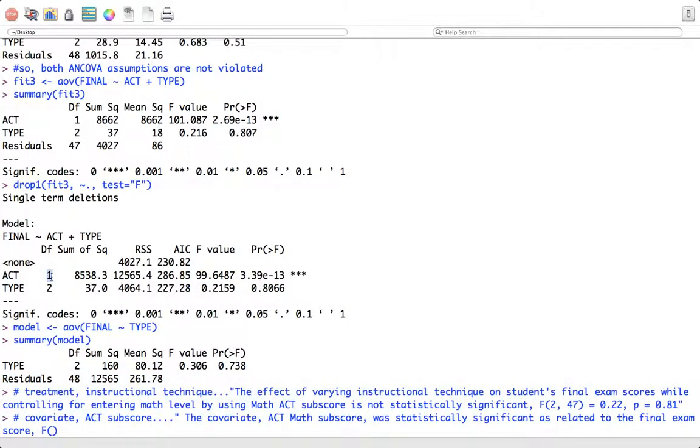Right here, so my degrees of freedom are 1, again over 47, and my F value is going to be 99.65. Okay, so back here, F(1, 47) equals 99.65.